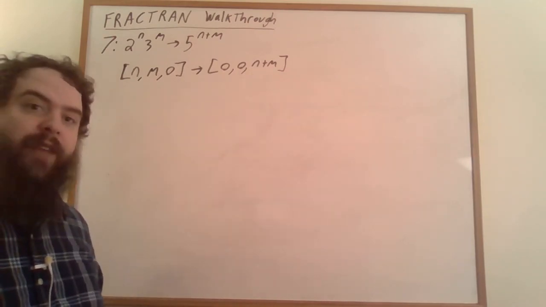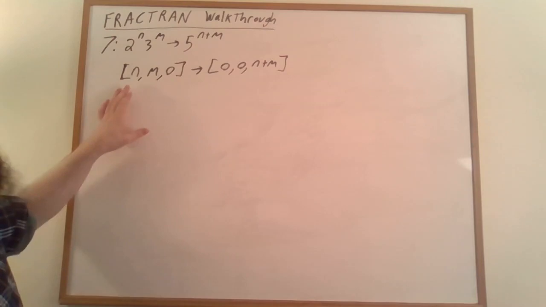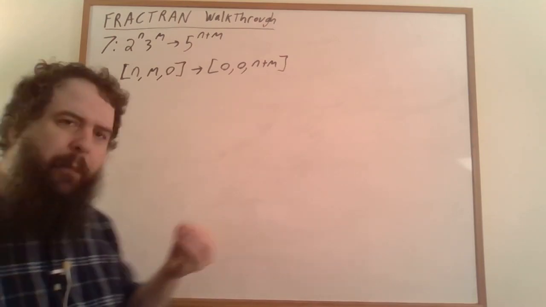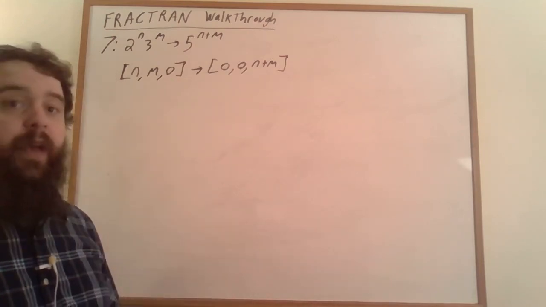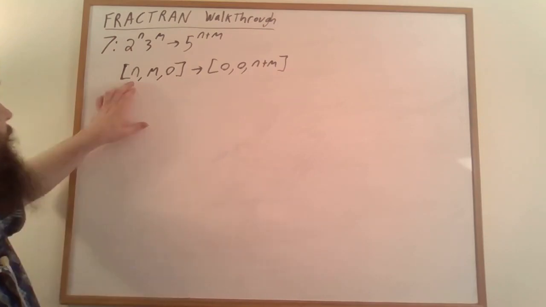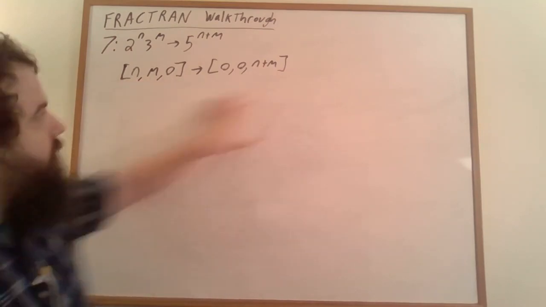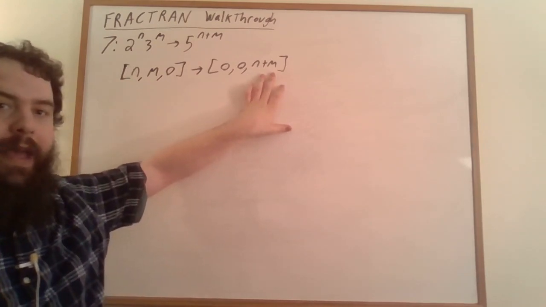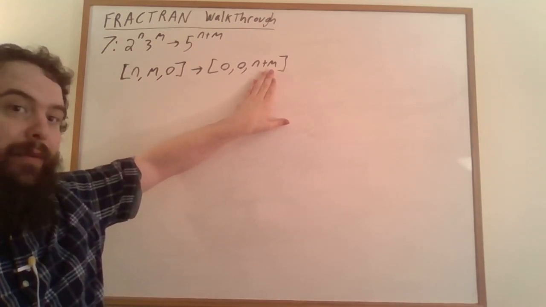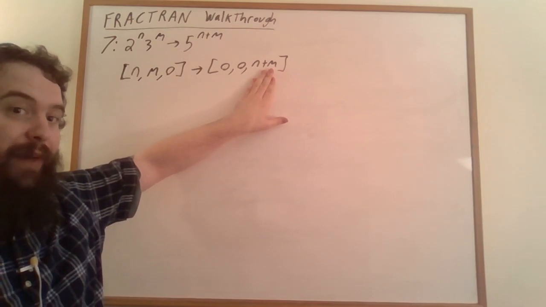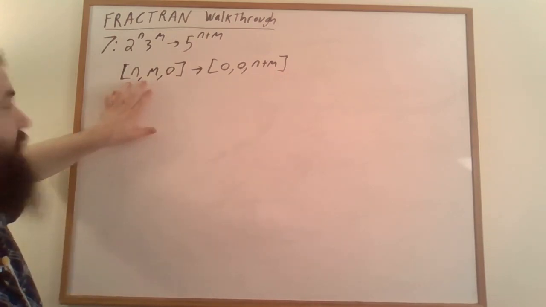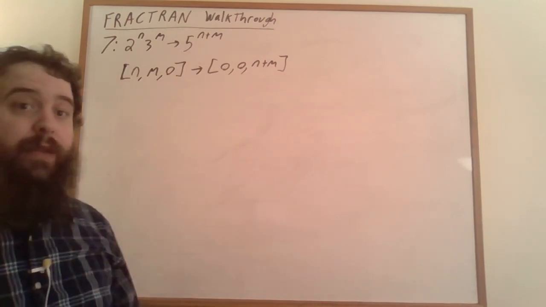Yet again, I find it helpful to think about the contents of these registers as like a pile of counters. And our goal in this case is to take all of the counters out of the 2 pile and the 3 pile and move them into the 5 pile. And it just so happens that the number of counters we want in the 5 pile happens to be the sum of the number of counters in the 2 and 3 piles.